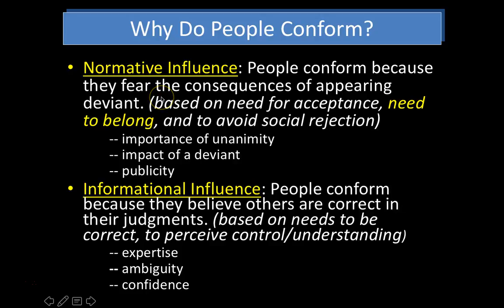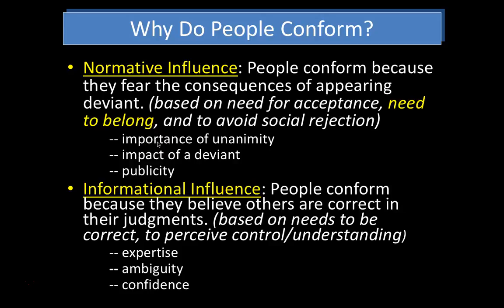So normative influence is based on our need for acceptance, our need to belong, and to avoid social rejection. So you've been reading about the belongingness needs. They're very powerful here. Even when we're dealing with complete strangers, people fear, at some implicit, perhaps unconscious level, social rejection.